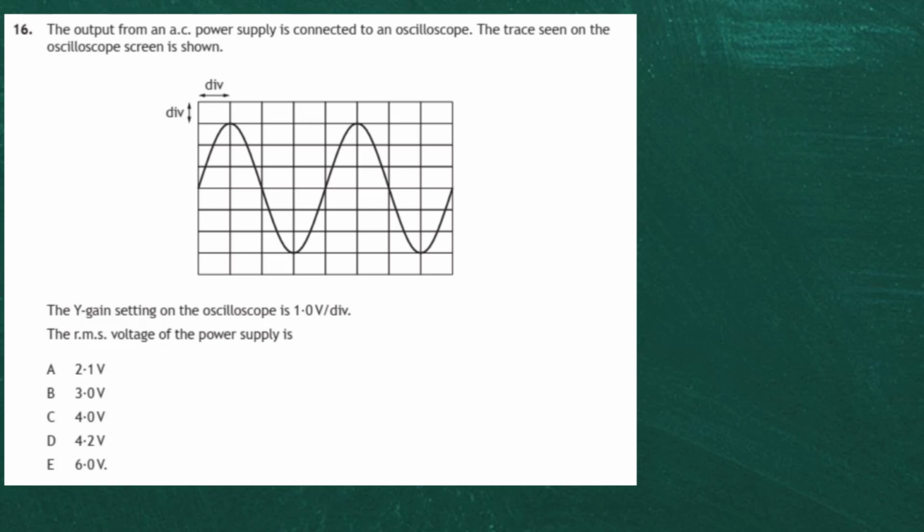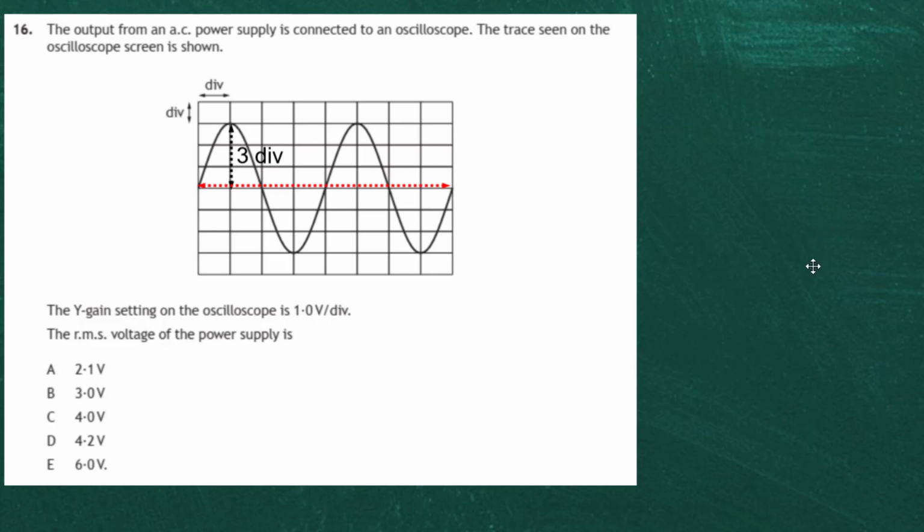Now the Y gain setting means that each division in the Y direction is going to stand for 1.0 volts. Now we can draw in the centre line. There's the centre line of the oscilloscope along there, and we can see that the peak voltage is actually 3 divisions up, and we know that one division stands for 1 volt on the Y gain, the Y axis.